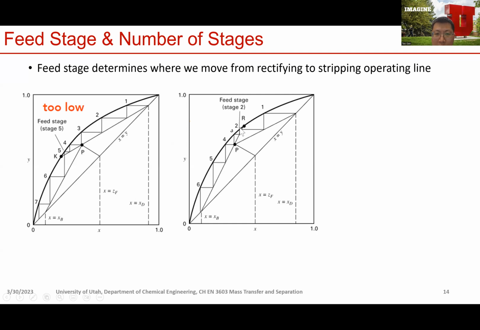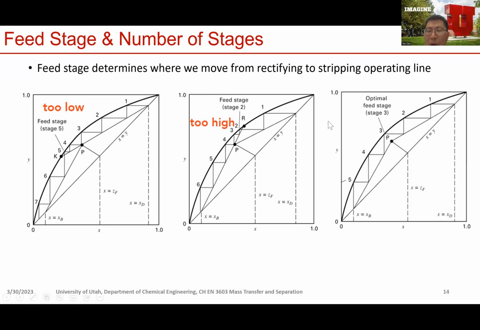So when you step off vertically, you're going to hit the stripping section operating line instead of the rectifying section operating line. Similarly, now you can see as you move across stage 2 to stage 3, you don't change the composition in the liquid phase much. Similarly, when we move from stage 3 to stage 2, you don't change the liquid phase composition much. So in this case, the feed stage is placed too high.